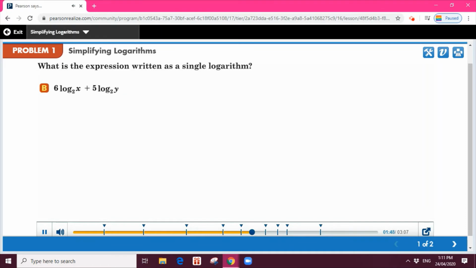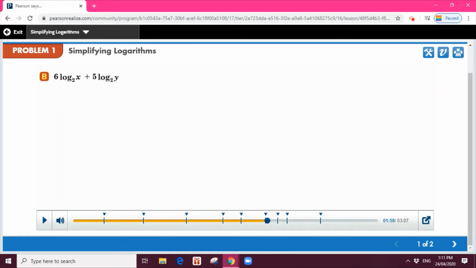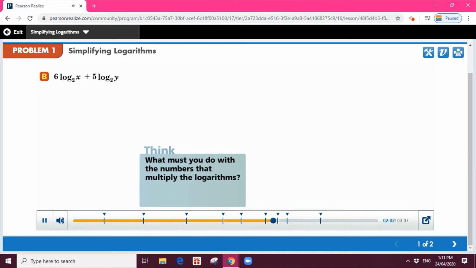Part B. What is the expression 6 times log base 2 of x plus 5 times log base 2 of y written as a single logarithm? What must you do with the numbers that multiply the logarithms?